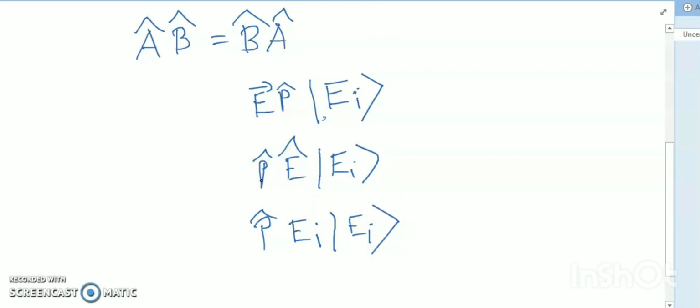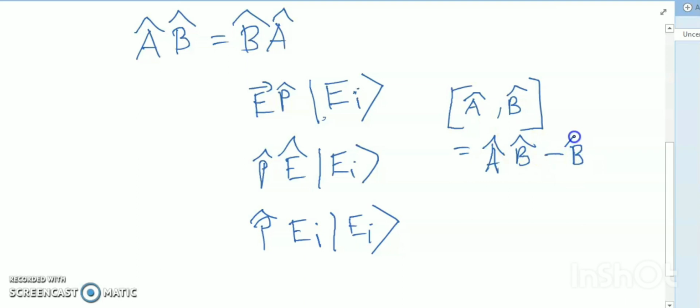This motivates the definition of the commutator. Given two operators A and B, their commutation is designated with the following bracket: A comma B equals AB minus BA, the following difference.